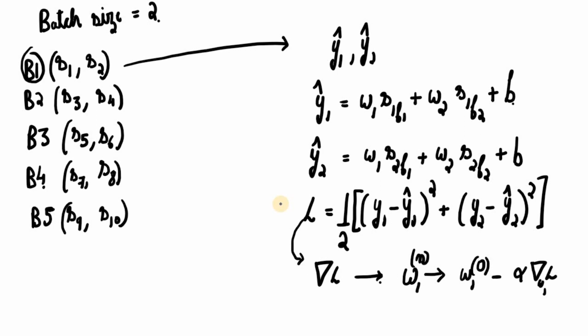So what we did over here is the fact that instead of using a single sample to update the weights, we are using two samples to update the weights. Now let's try to understand how many forward and backward propagation steps went into this entire process.